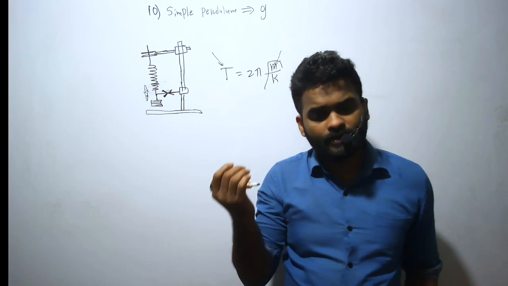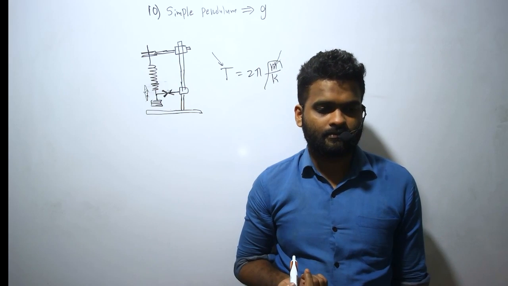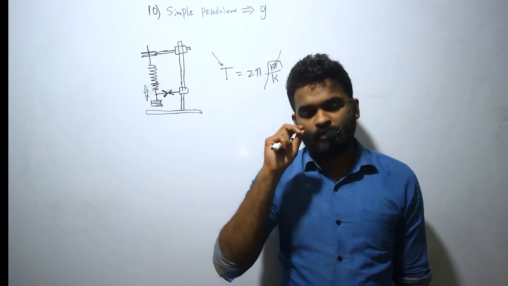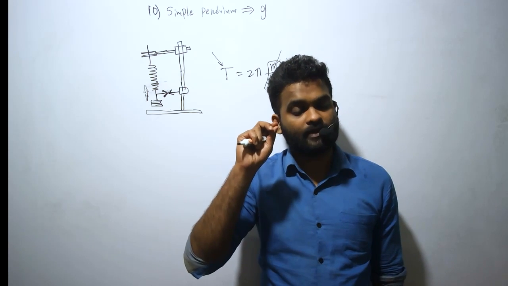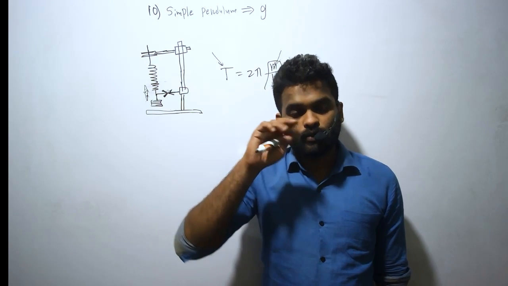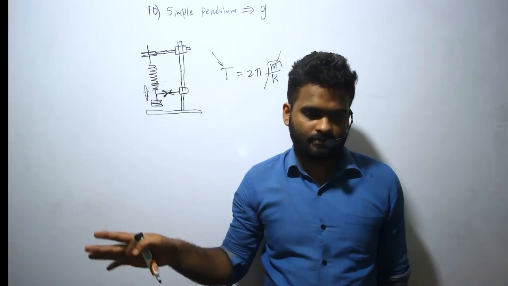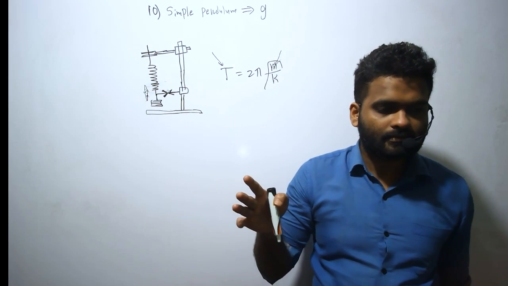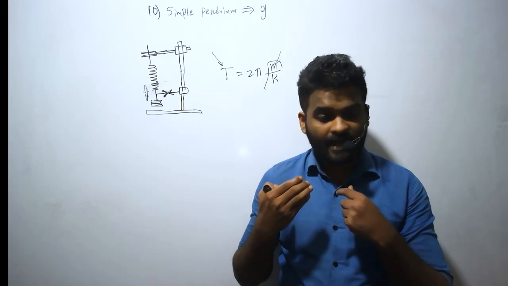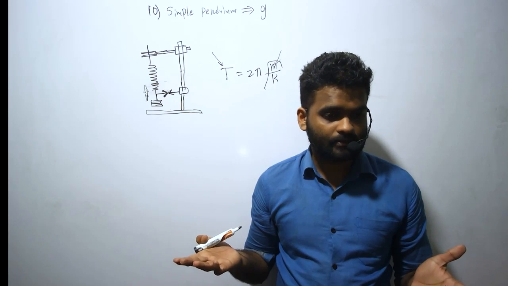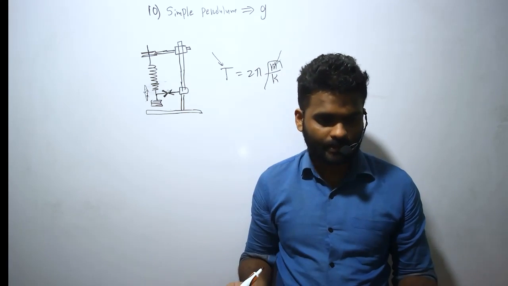So how do we say an equation is right? Whenever you have to make sure that an equation is right, you have to go for the graphical method. That is another reason for going for the graphical method. There's no other experimental method to say that the equation is right.